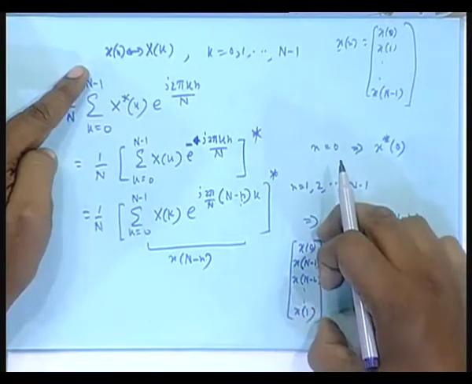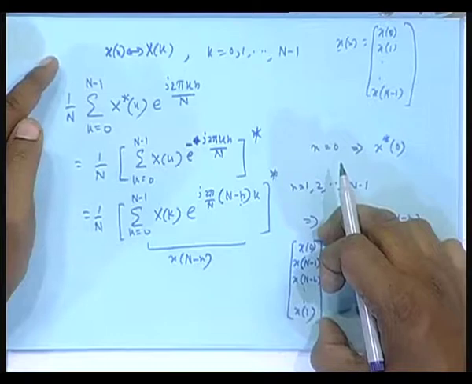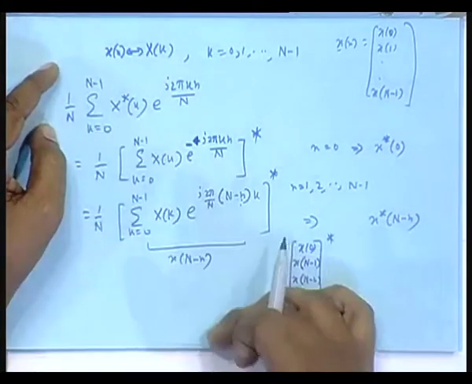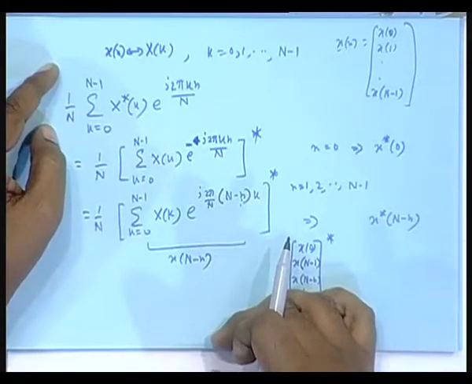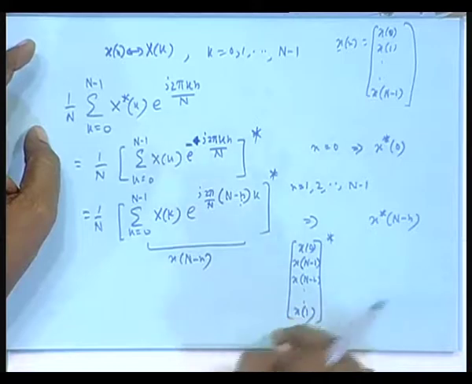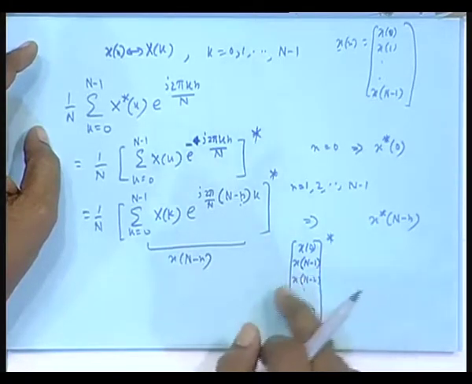That means, if I have this sequence and I take its DFT, it will be x k star. I went this way, but the relation is 1 to 1 and unique. So, if I take this guy and take his DFT, I will get back x star k.